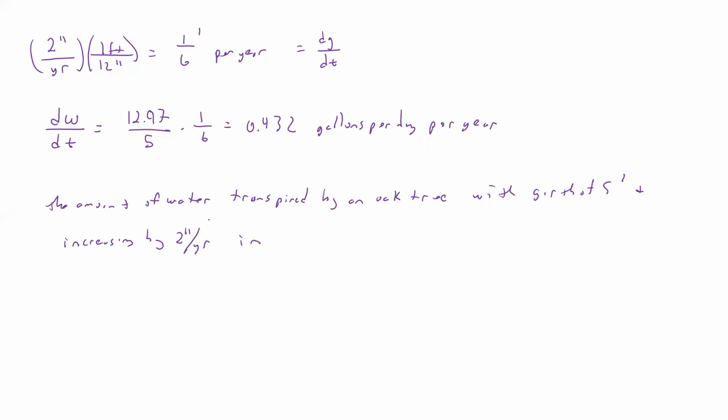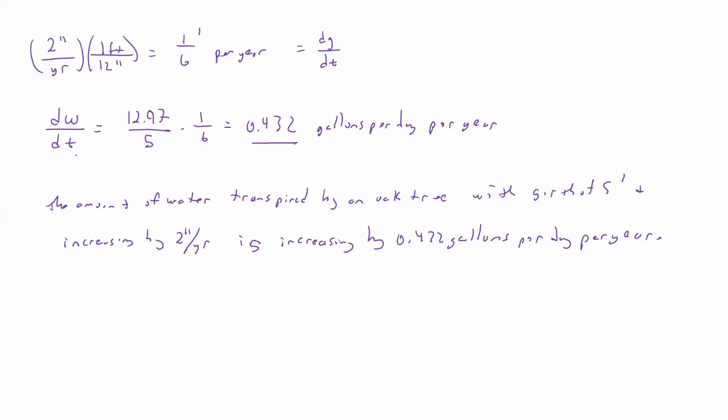The amount of water transpired is increasing. Now we're talking about increasing as far as the transpiring by 0.432 gallons per day per year. Okay, and so that would be what that means. That's our rate of change for the transpiring of the water per year.